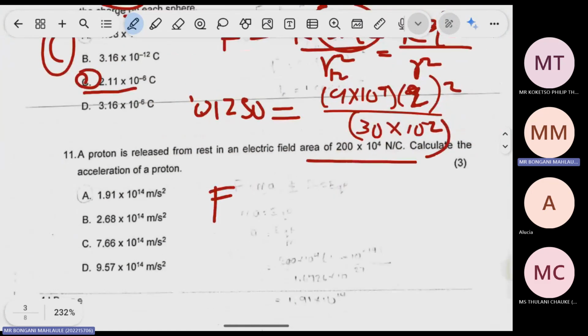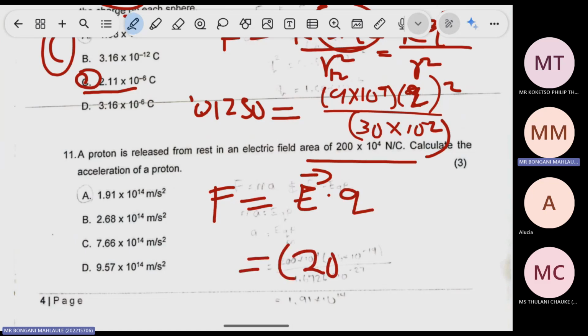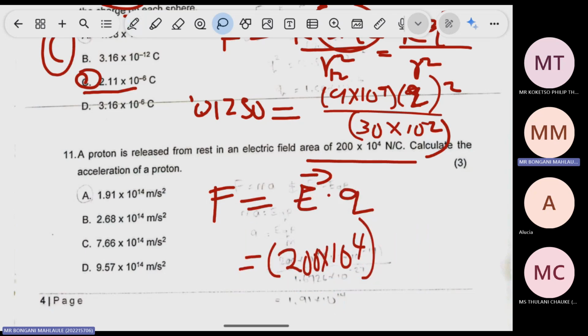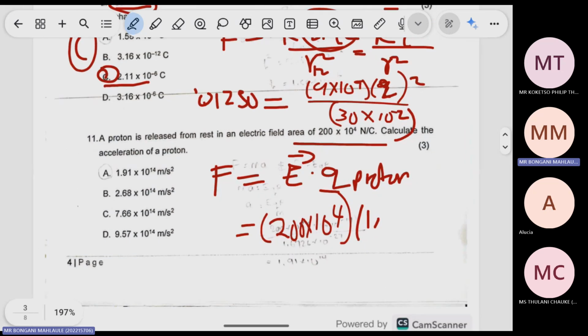It's given by force. We know that we've got E times the charge, right? This is the formula. And then the electric field, 200 times 10 to exponent 4. Then for the charge, this will be the charge of the proton.